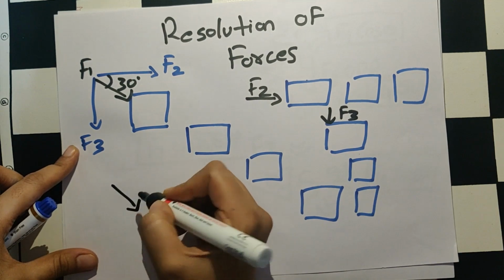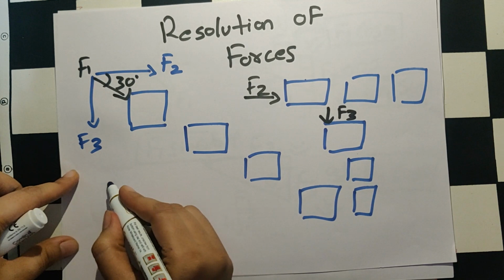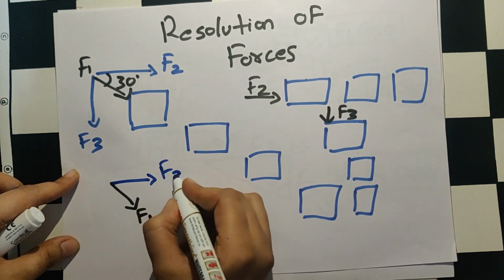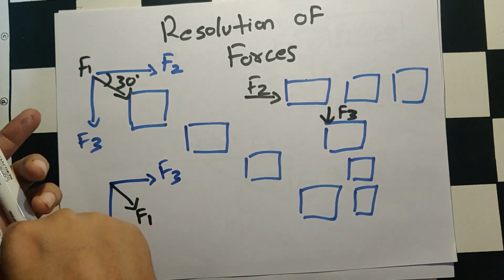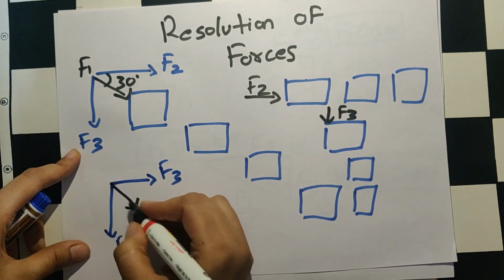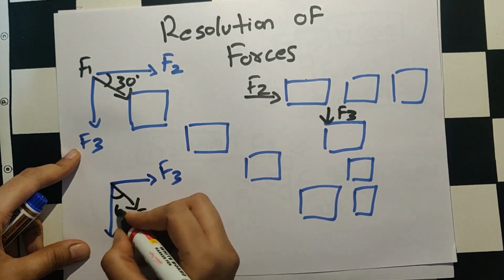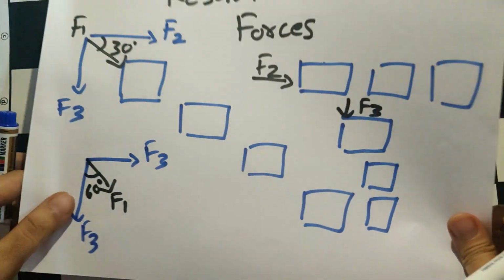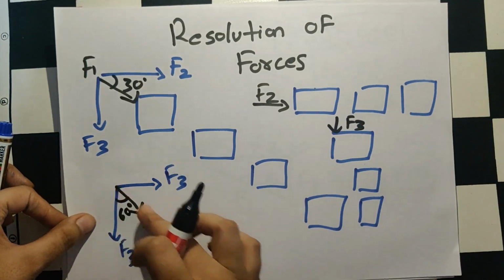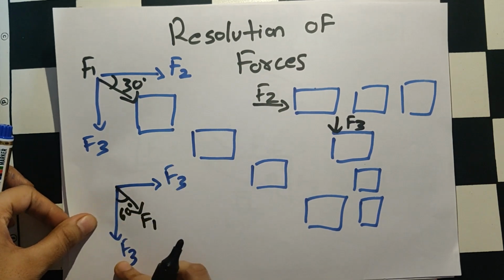Now if this force F1 and its components F2 and F3 were such that the angle of this original force was given with the vertical component, suppose this was 60 degree, then what would happen? In such cases, see here, this original force is given at 60 degree with the vertical component.